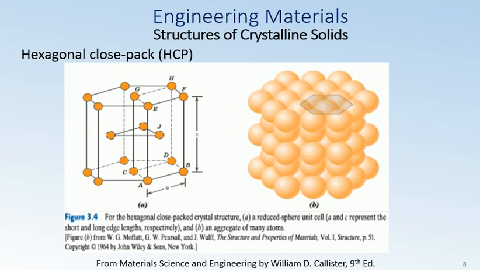A unit cell in this HCP is also specified by a parallelepiped defined by atoms labeled A through H. If you see the atoms labeled in figure 3.4a, this is also a depiction of the hexagonal close pack unit cell.